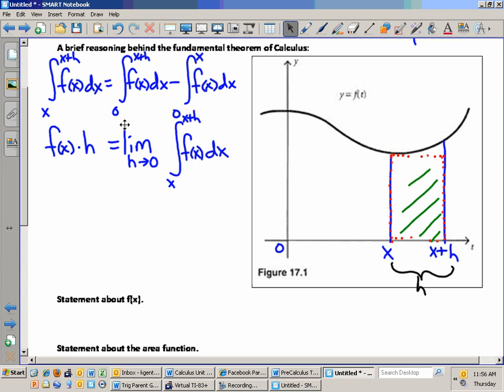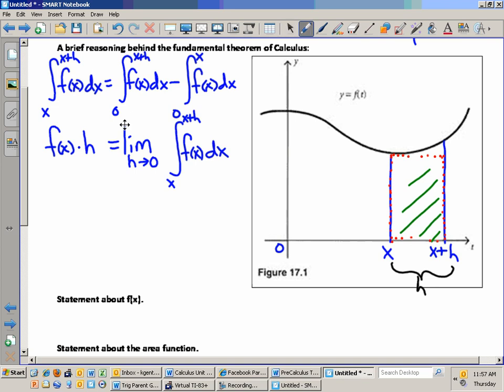And if I draw extremely, extremely close, they're going to be darn near identical, aren't they? So I would say h is approaching 0. The width is approaching 0. The distance that they are apart is approaching 0. Yes?